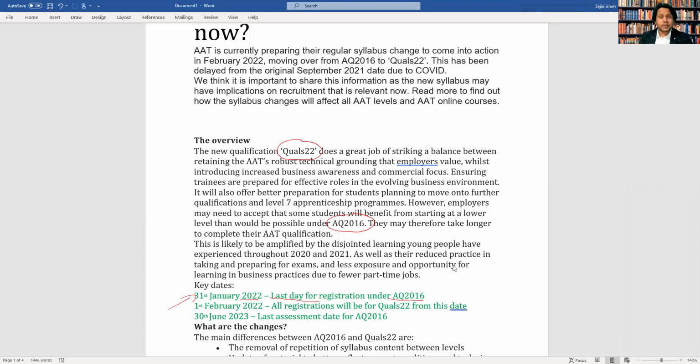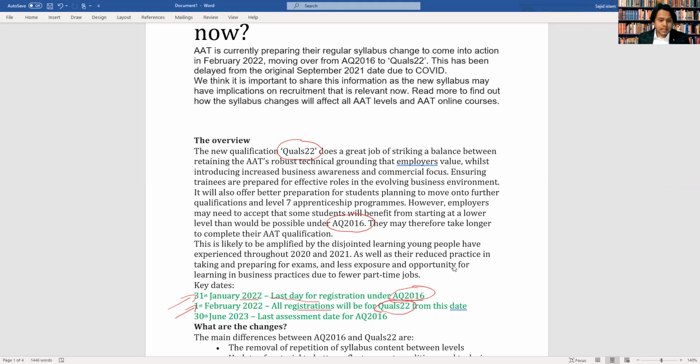So if you started your AAT before 31st of January, you will still be under the syllabus AQ 2016, but from the very next day, 1st of February, if you start your AAT, that is next year, then you will be registered under the new syllabus, QUALS 2022.